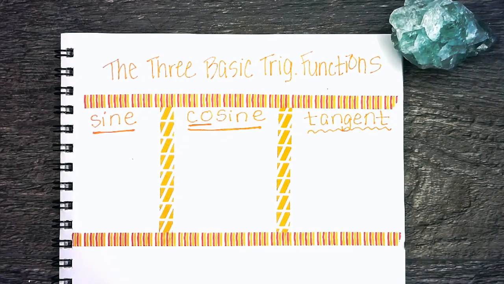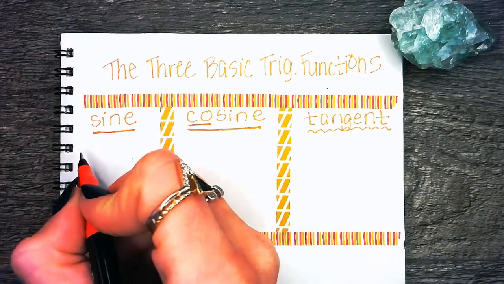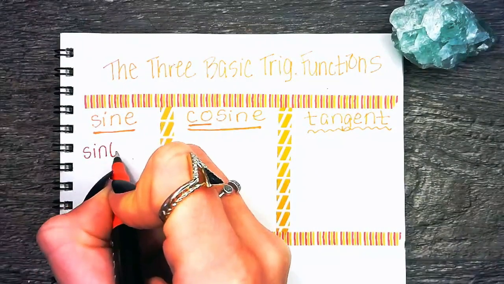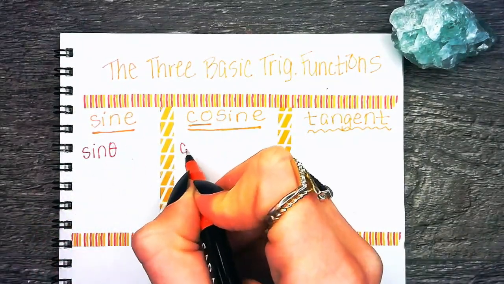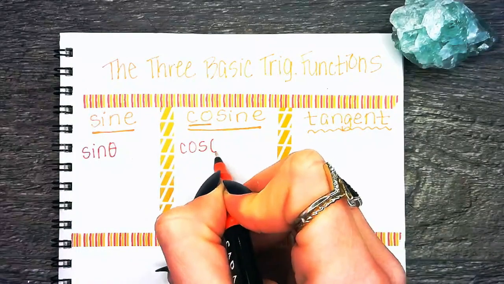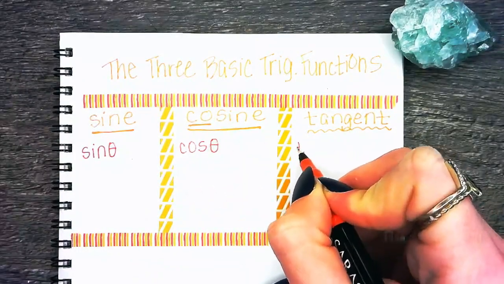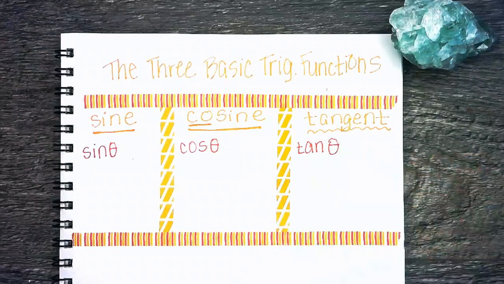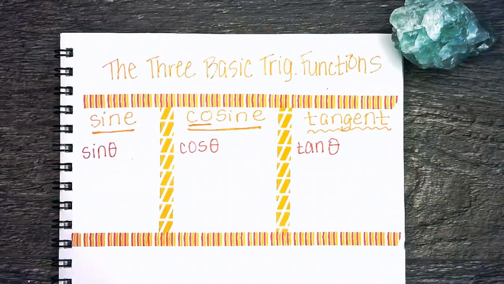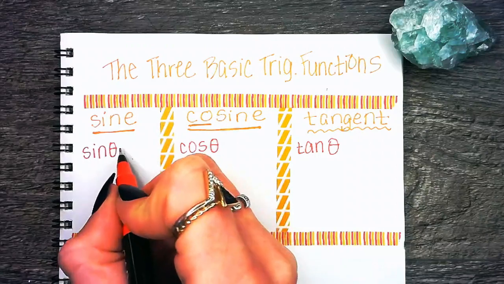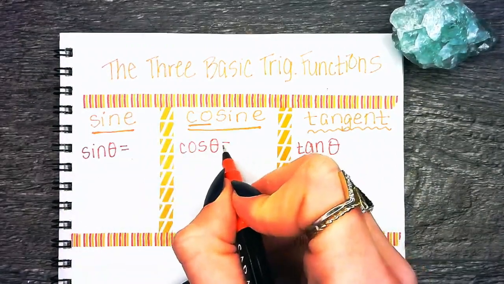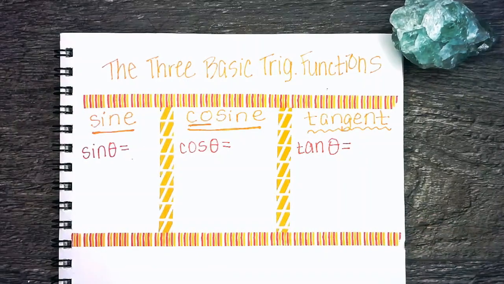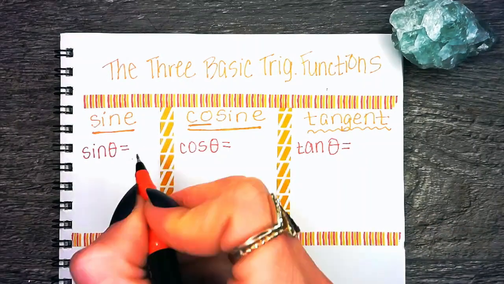Next thing I'm going to write down is the abbreviation and theta. I'm also going to write down what it's equal to, and I'm going to abbreviate only using some shorthand.